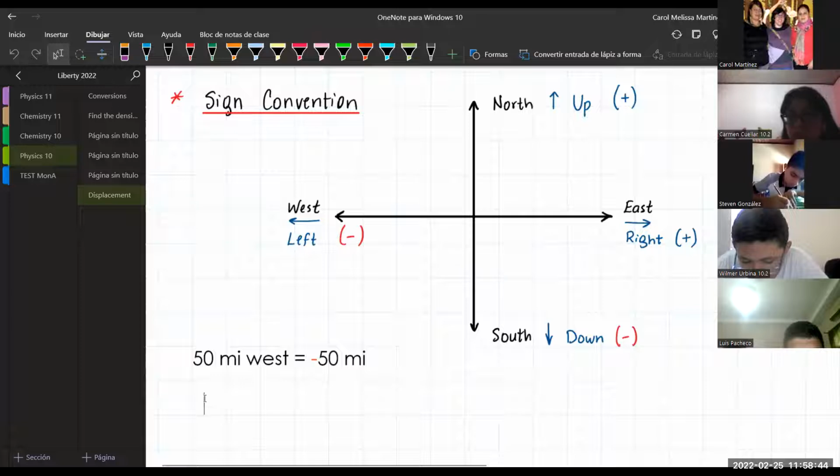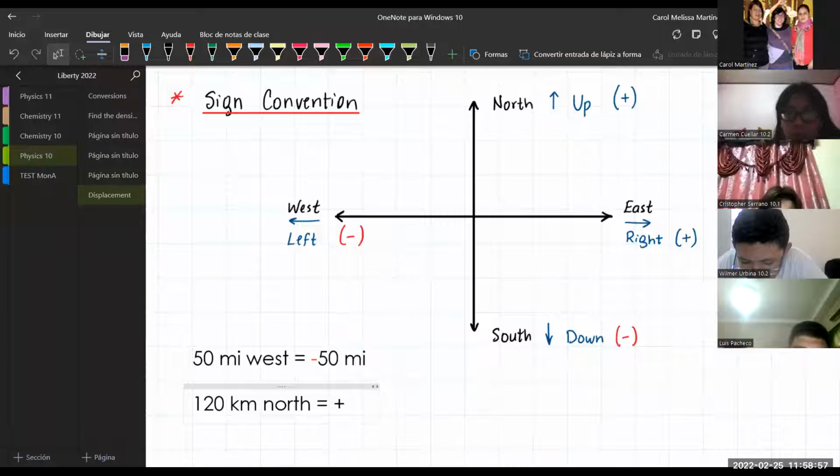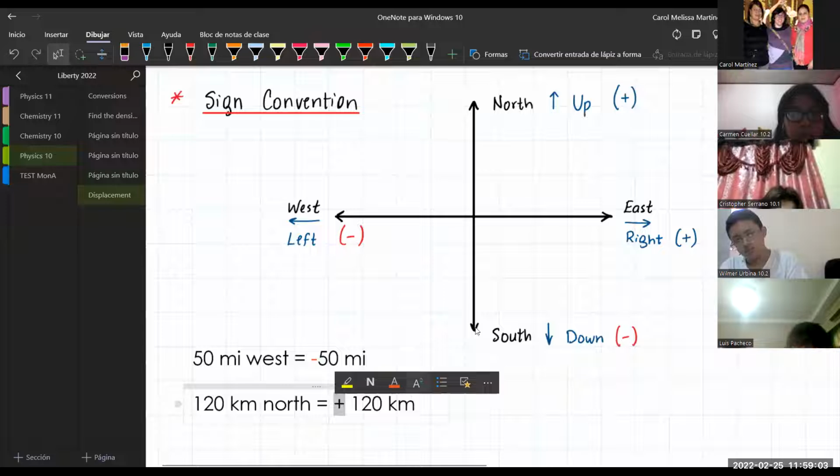If I tell you that a person walked 120 kilometers north, is it going to be positive or negative? Positive. 120 kilometers, and it's positive because it's going to the north.